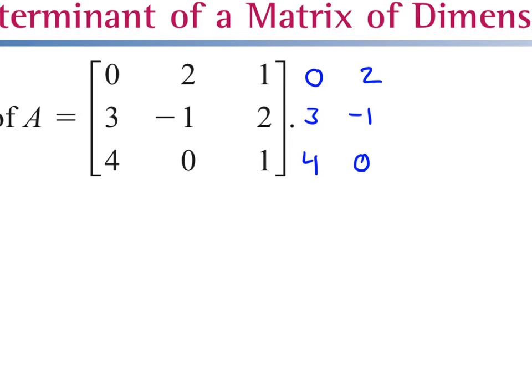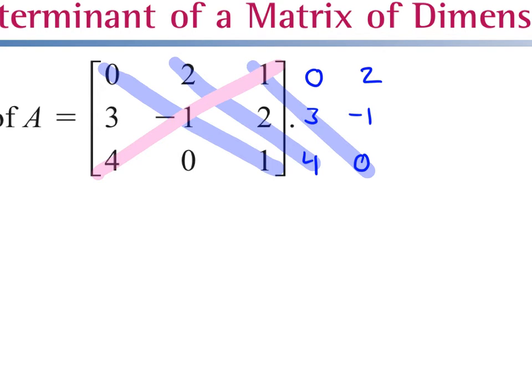We do the same thing where we have our majors minus the minors, but here we have 3 majors. So we just multiply each diagonal and add them all together. And then we subtract our minors, which go this way. So let's just start with the majors.